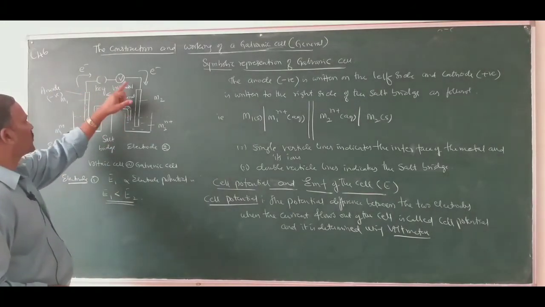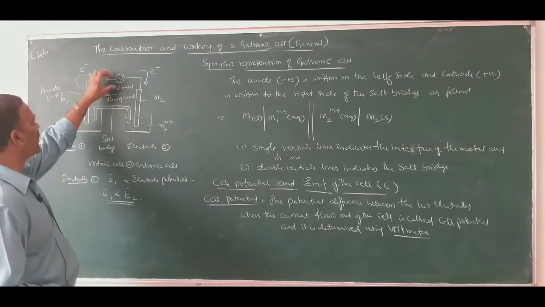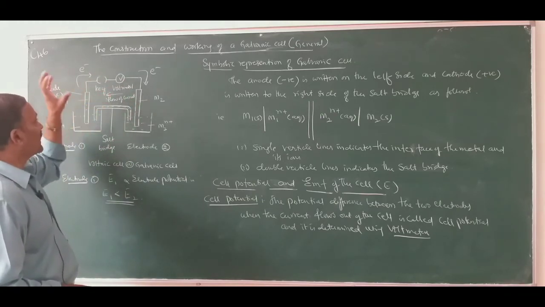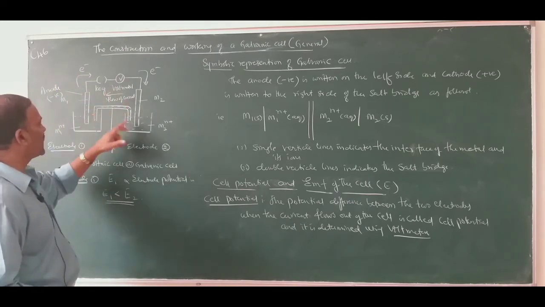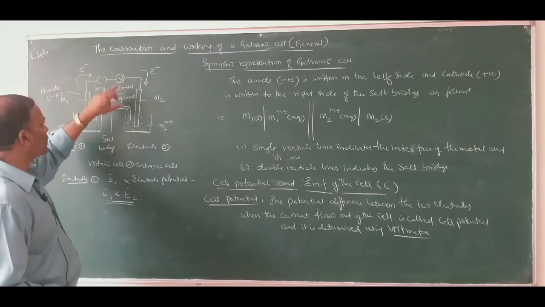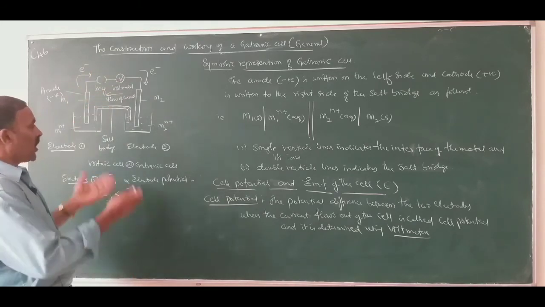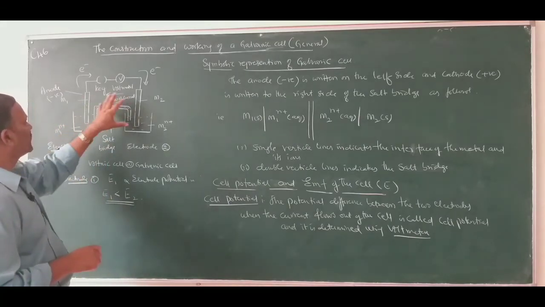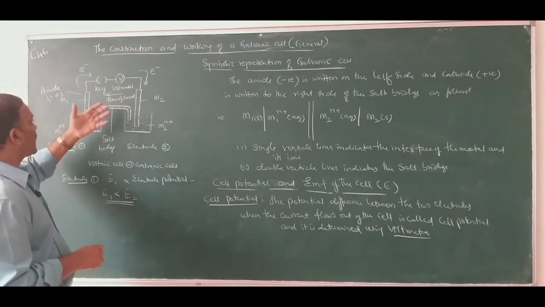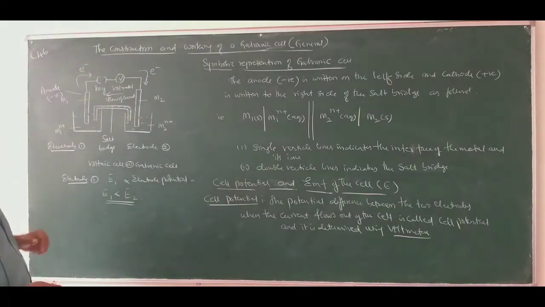When current flows out of the cell through the voltmeter, you will know the amount of current that flows. That electrode potential when the current flows out of the cell is called cell potential and it is determined using a voltmeter. On the other hand, we can measure the EMF of this cell without making the current flow out, using a potentiometer.